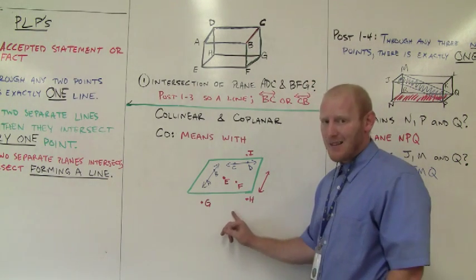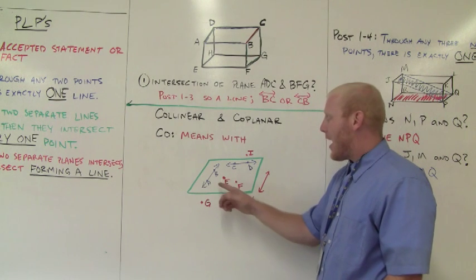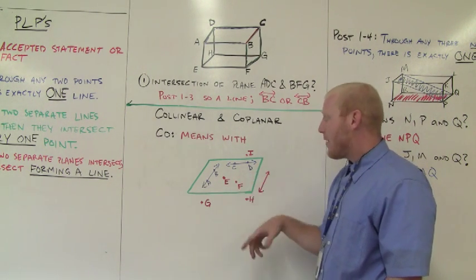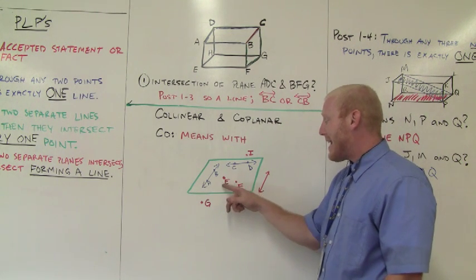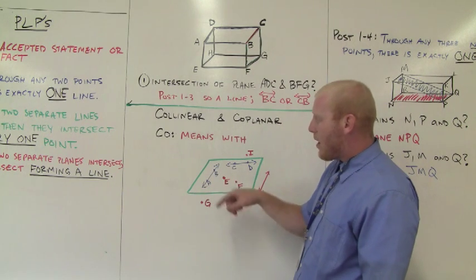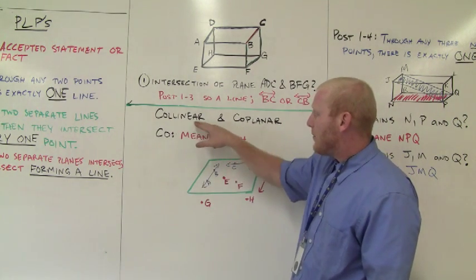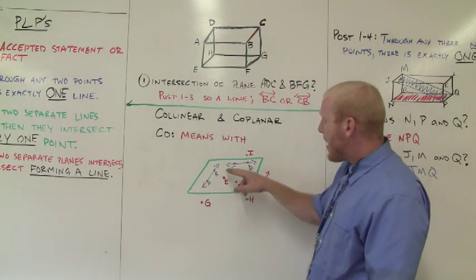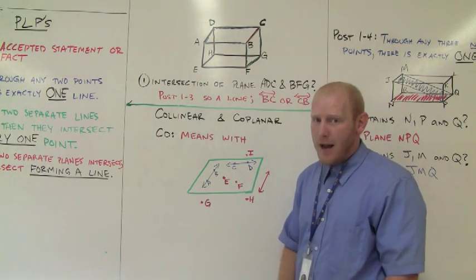So looking at this, I could say that line AB and line CD are coplanar. I could say that points E and F are coplanar. I could say that points A and B are collinear. Same line. A and B, same line. C and D, same line. B and C are not on the same line, so they're not collinear.